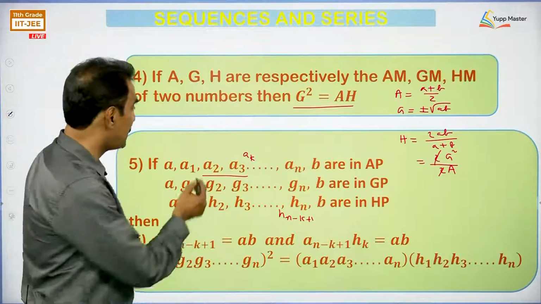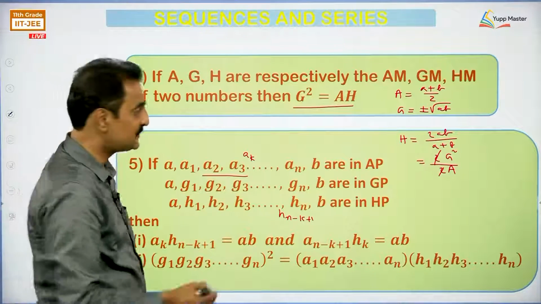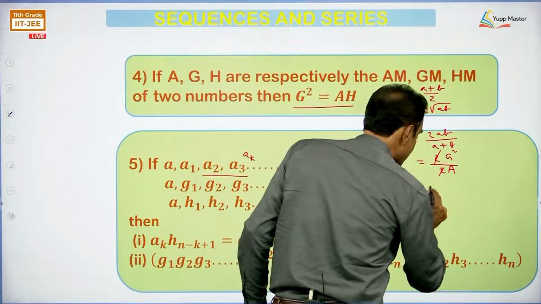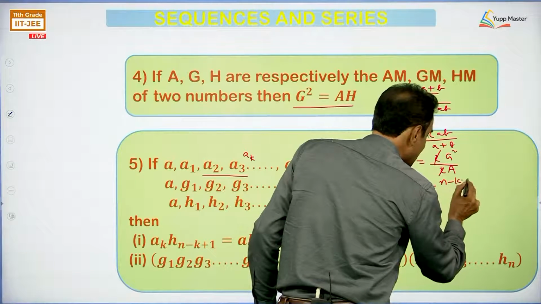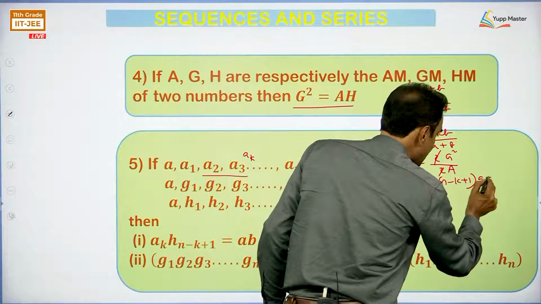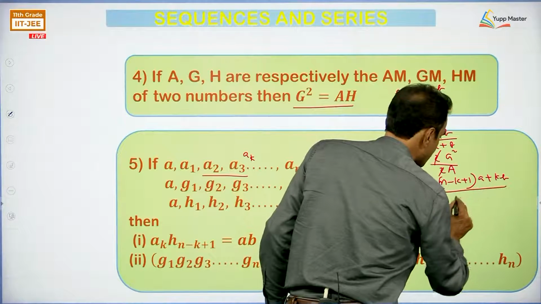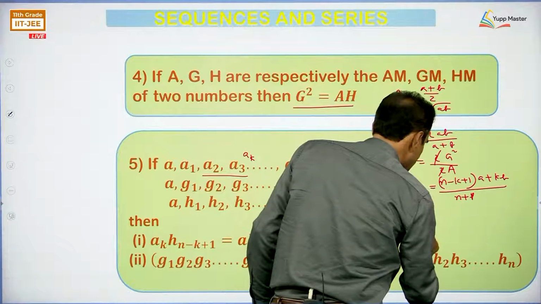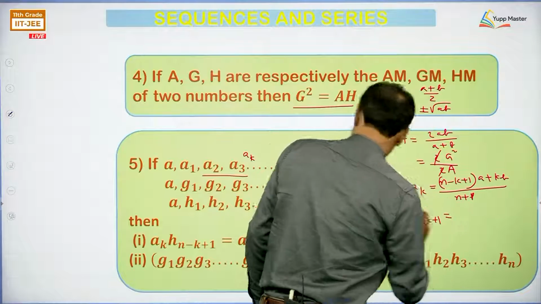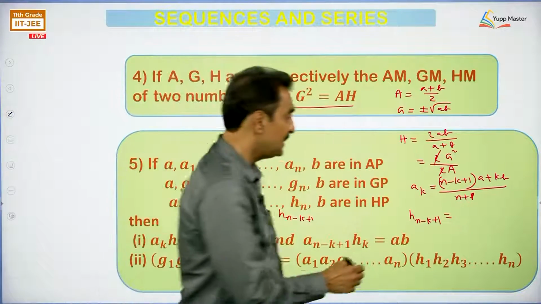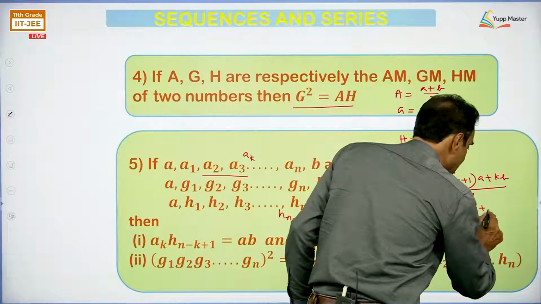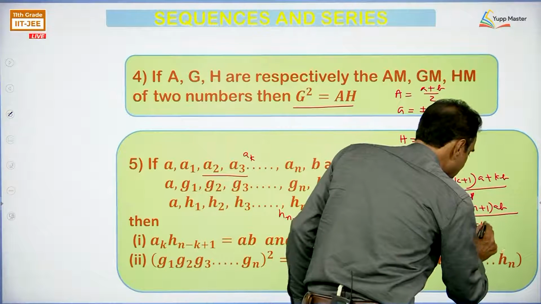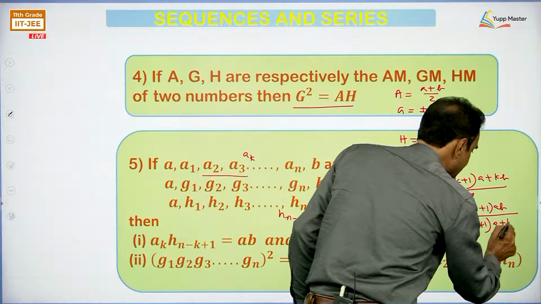Already we have derived the formula for Ak and Hn minus k plus 1. Ak is ((n minus k plus 1) into A plus kB) by (n plus 1). And Hn minus k plus 1, the kth harmonic mean from right, will be (n plus 1) into AB by ((n minus k plus 1) into A plus kB).